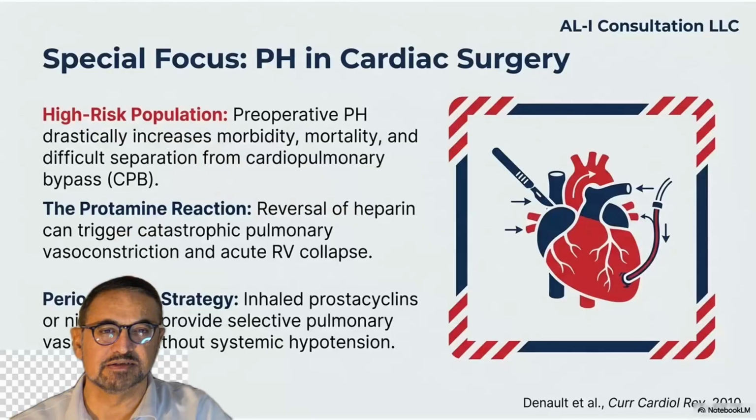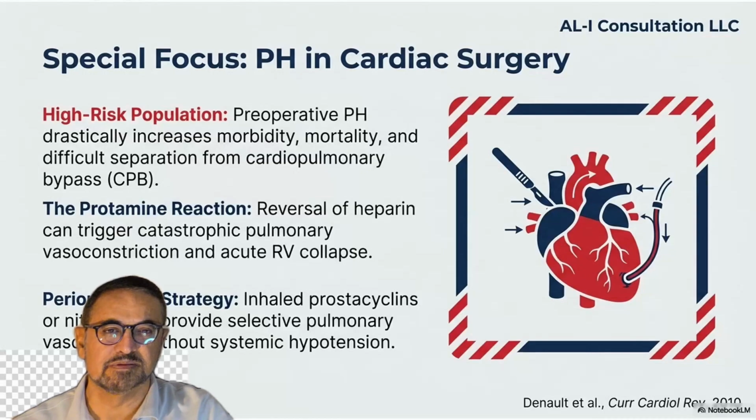Perioperative and cardiac surgery considerations. This cardiac surgery slide is especially relevant for people rotating through ICU or OR. Pulmonary hypertension raises perioperative risk because the right ventricle may not tolerate changes in preload, afterload, hypoxia, hypercapnia, or acidosis. One concept is the protamine reaction.